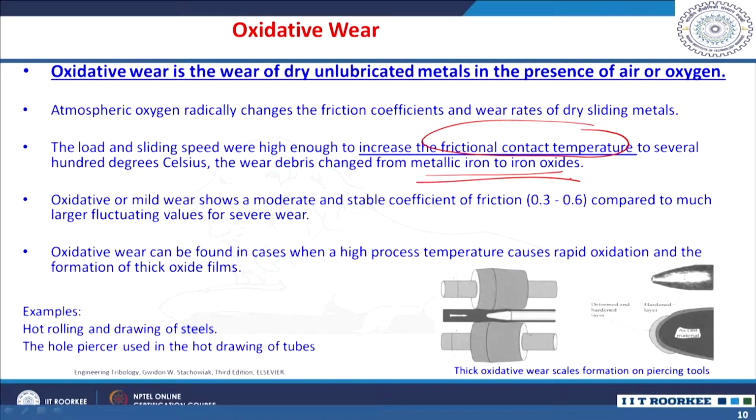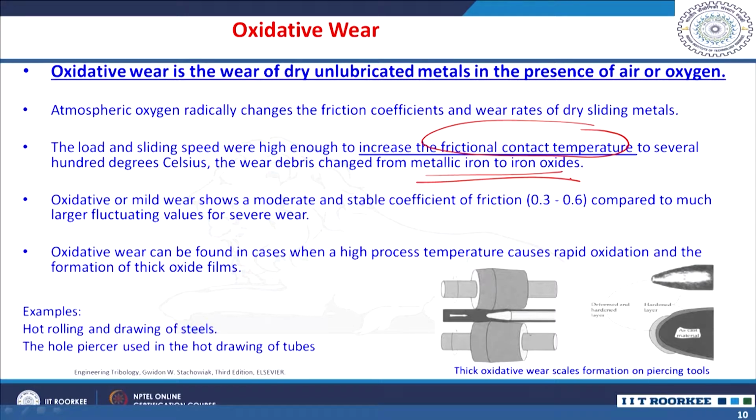Oxidative wear or mild wear shows a moderate and stable coefficient of friction compared to much larger fluctuating values for severe wear. Oxidative wear can be found in cases when high process temperatures cause rapid oxidation and the formation of thick oxide films. So, you will have more material removal by this oxidative layer removal.